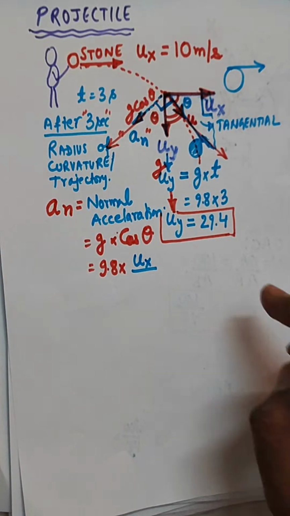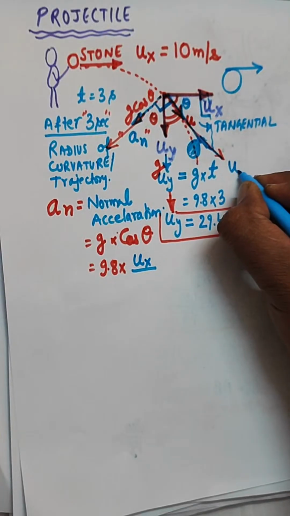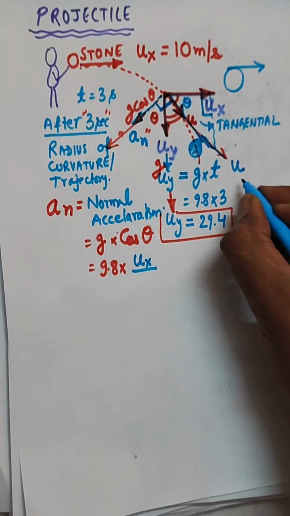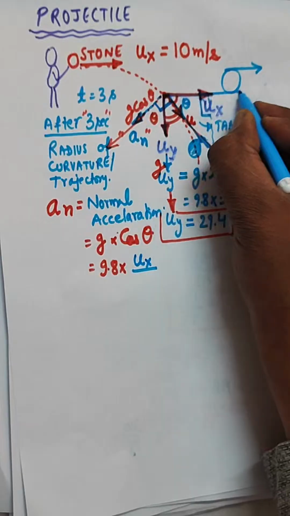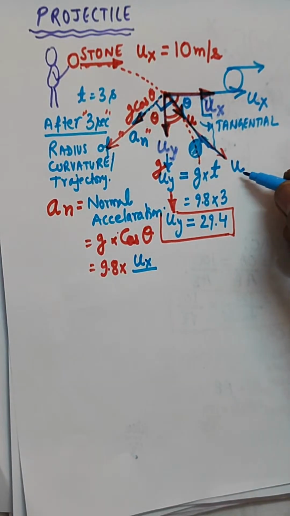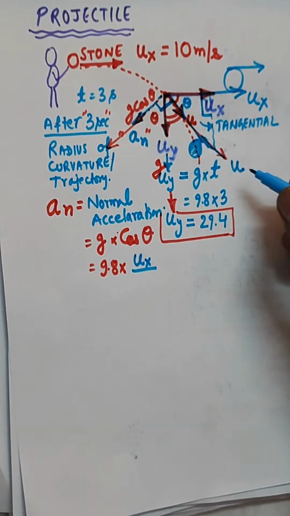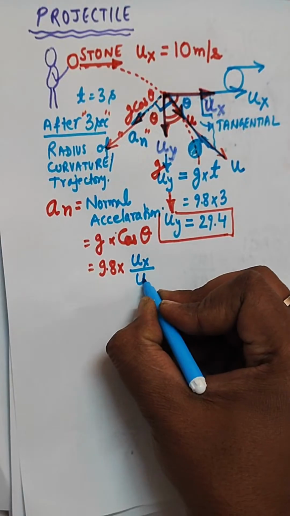Now if u is acting into this direction, here we have ux, then the hypotenuse over here is u, so ux by u, right?